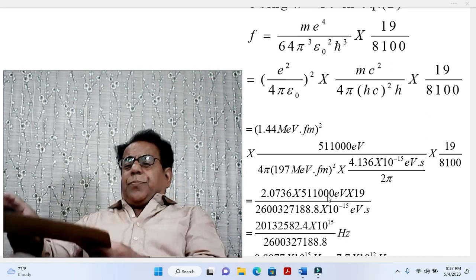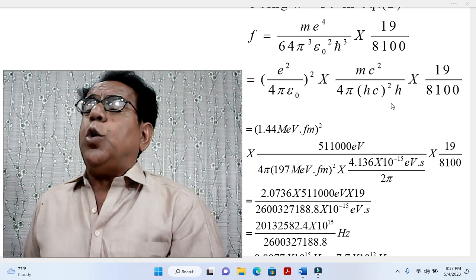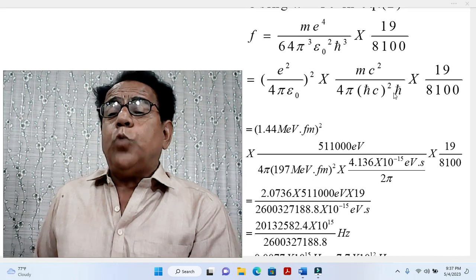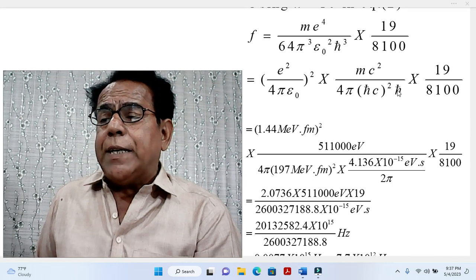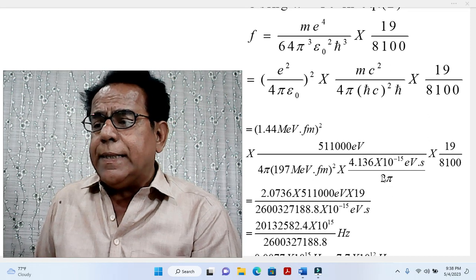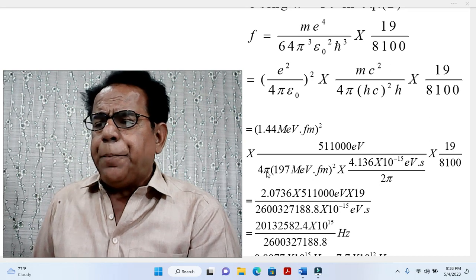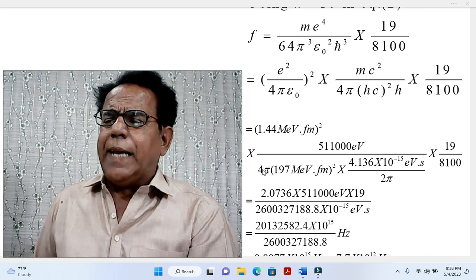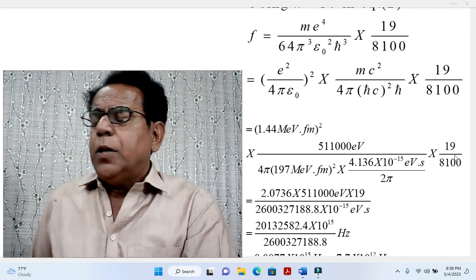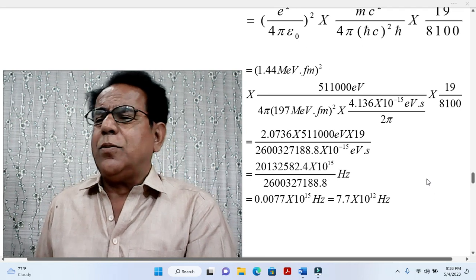Moreover, in place of h cut we have used this value, because we know that h cut or h bar or h reduced is equal to Planck's constant h divided by 2 pi. This 2 pi will definitely be cancelled with this, and here only 2 will be left, pi will be cancelled.